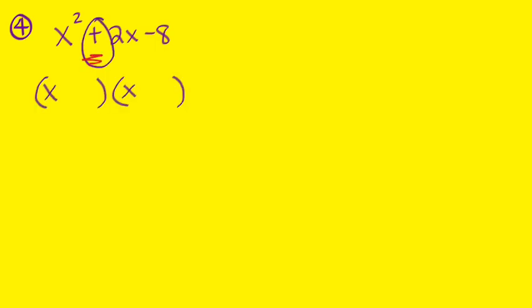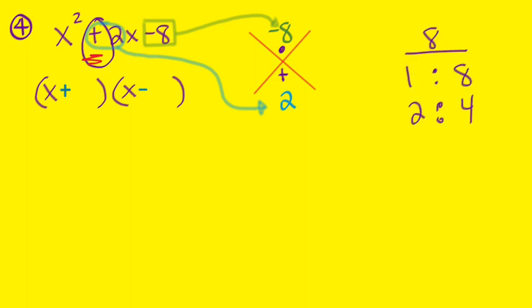All right, so now what if it's not positive, right? I have x squared plus 2x equals negative 8. Well, on this, now I'm looking for two terms that multiply to be a negative number. And the only way to have a negative number when I'm multiplying is to have a positive and a negative. So I know I'm going to have a positive and a negative, right?